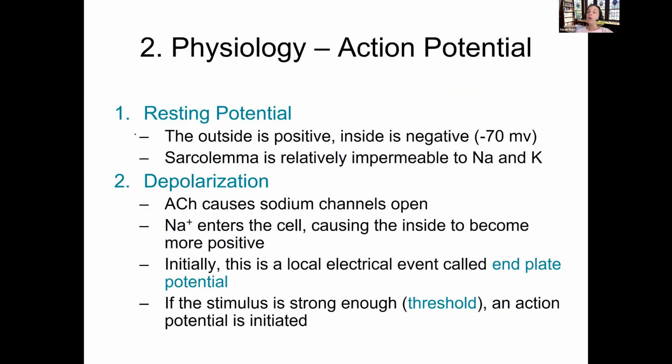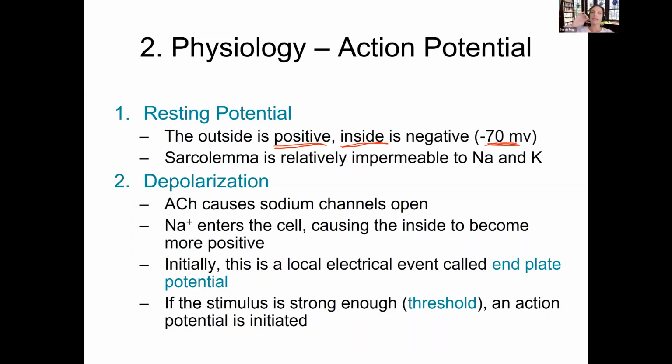All right, so if you just look at a muscle cell that's not contracting, it has this sort of resting potential. The resting potential is that the outside of the cell is positive, has a slight positive charge. The inside has a slight negative charge. And that causes the membrane to be at negative 70 millivolts.